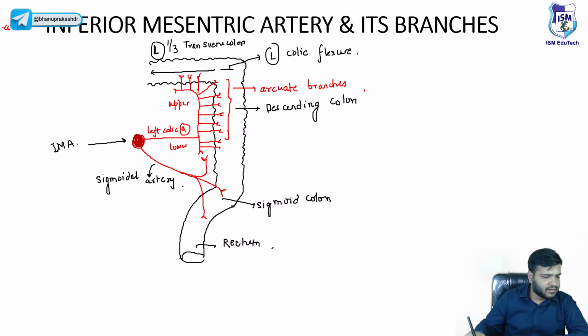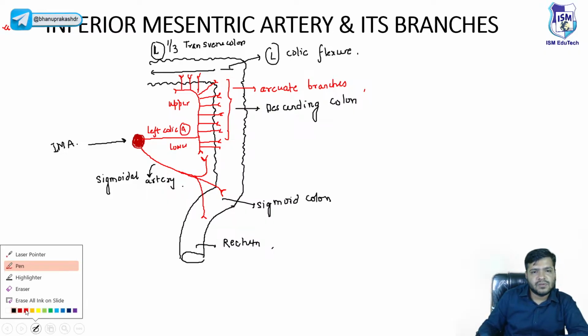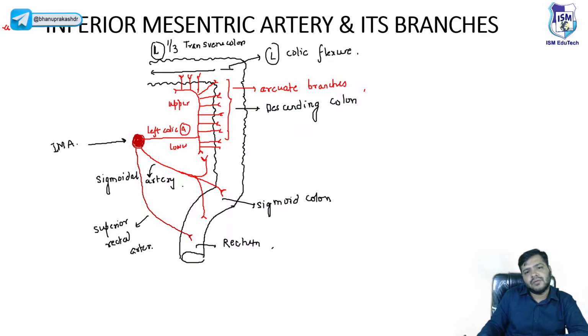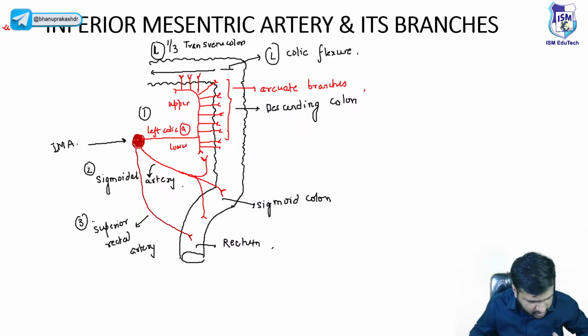The one supplying the upper part of the rectum is called the superior rectal artery. So we have the left colic artery, the sigmoidal artery, and the superior rectal artery.